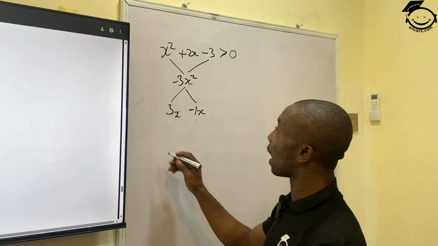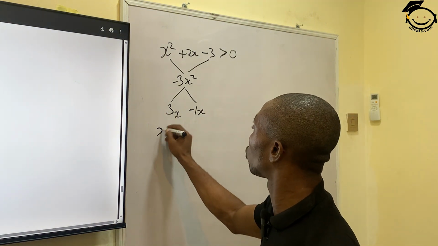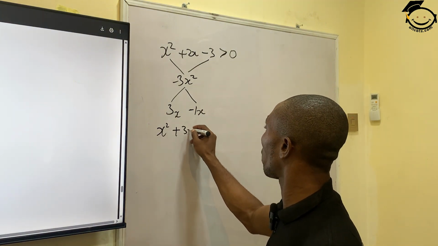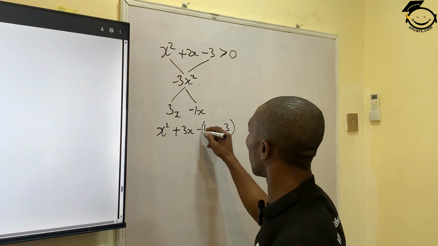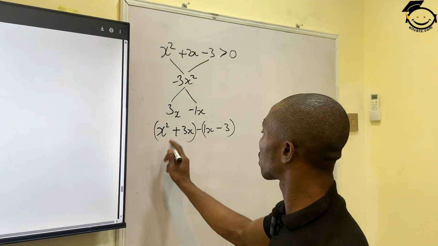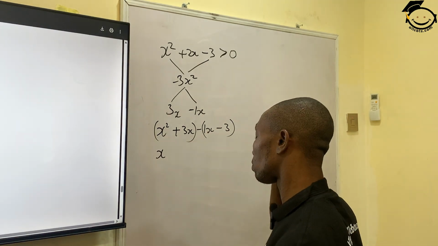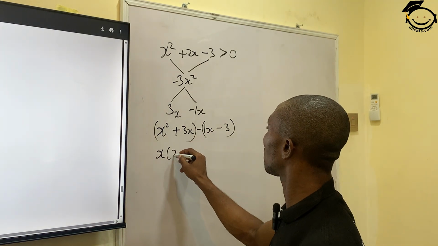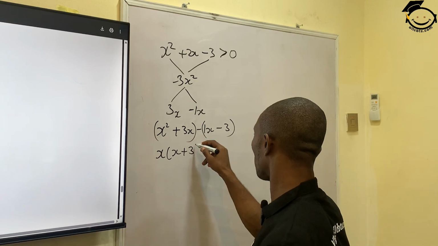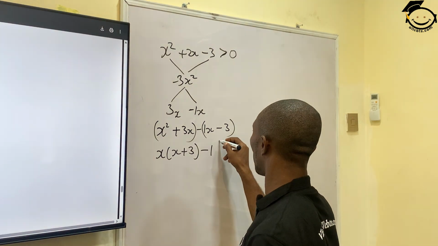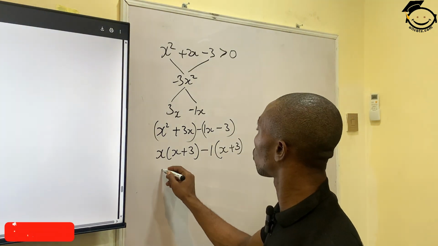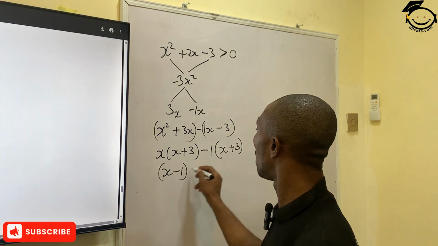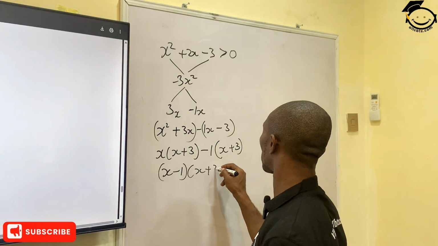So having done that, we now come back to our x squared plus 3x minus 1x minus 3. Grouping them together, what's common here is x bracket x plus 3. What's common here is 1 bracket x plus 3. So this becomes x minus 1 and x plus 3.